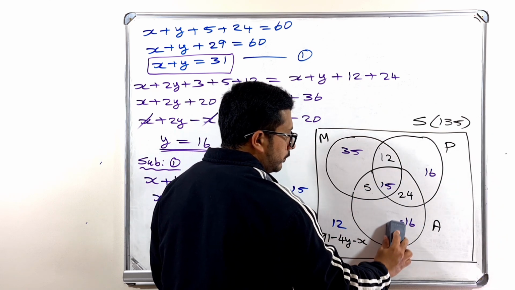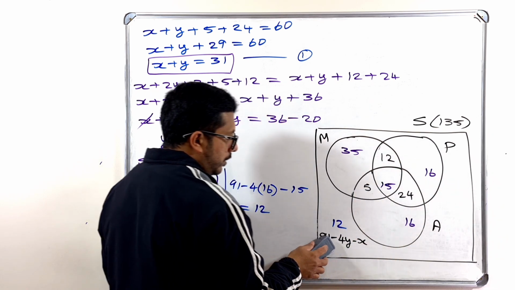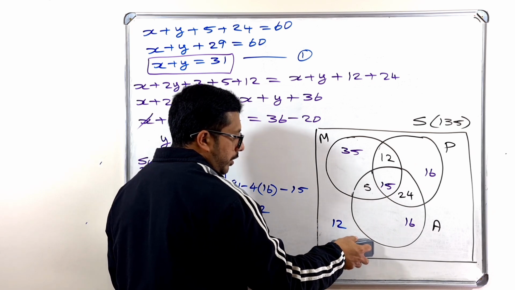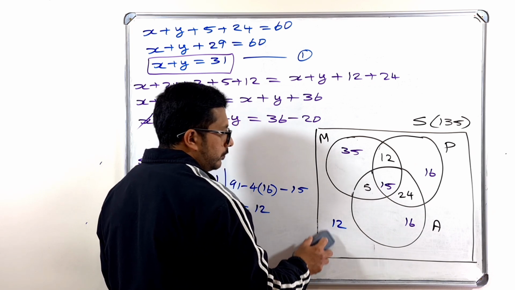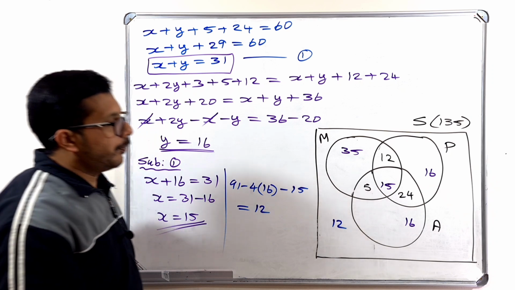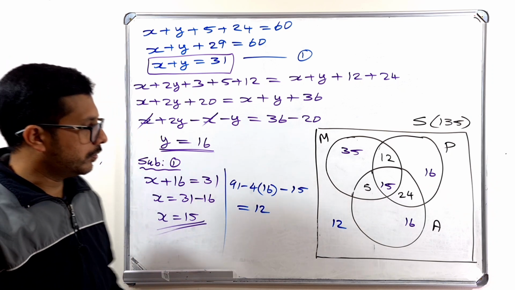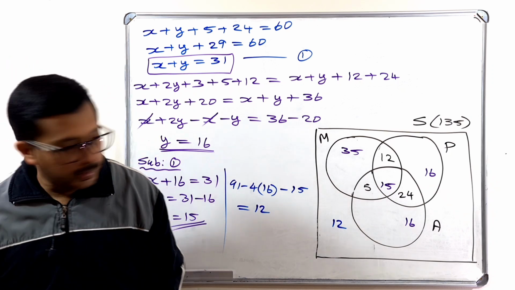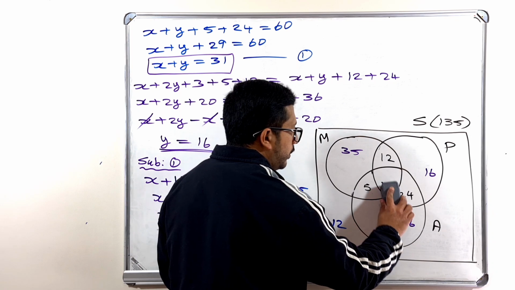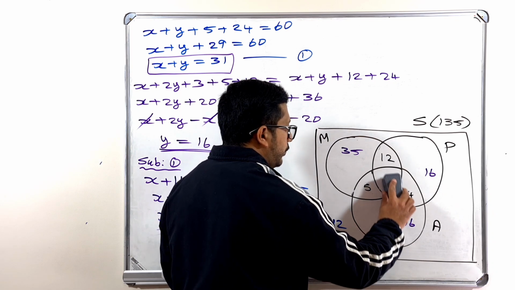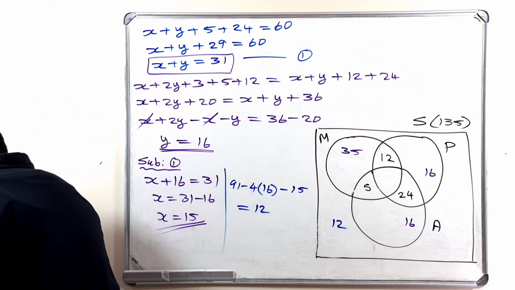And this one we know it is 12 now. So all the numbers are there now. Let me write it here in the middle. This one is 15, don't forget.